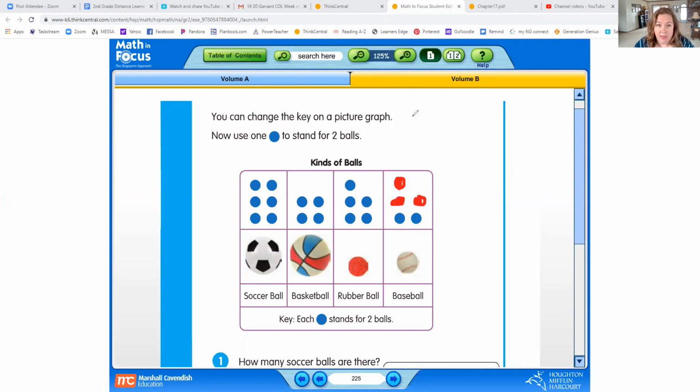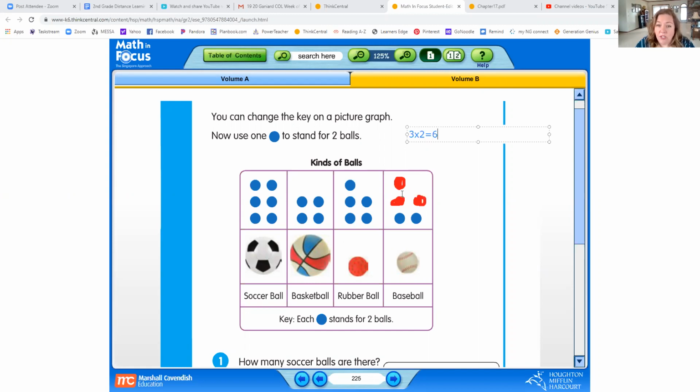So let's do a math equation for that. I added 3 symbols, 3 balls to my picture. Each ball is worth 2. So if I wanted to buy more baseballs to equal the amount of rubber balls, I would have to buy 6 more baseballs in order to equal the amount of rubber balls.